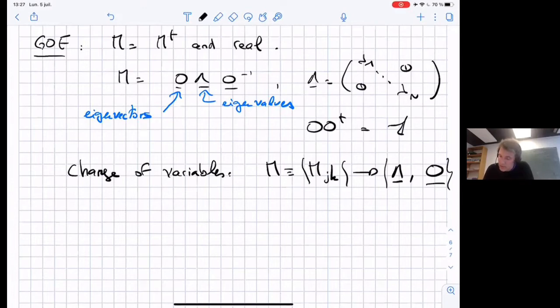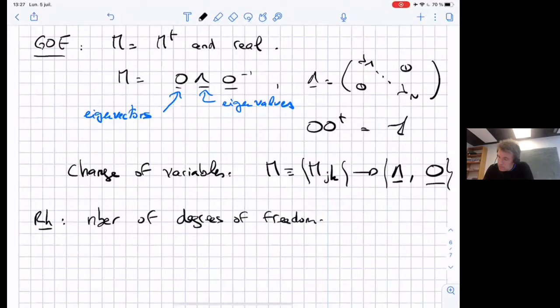It's just a remark, but we have counted already the number of degrees of freedom. We have already seen that they were equal to n(n+1)/2.